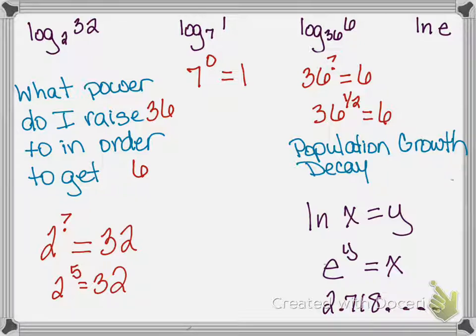The most common, and what you'll see the most, is compound interest, on our car payments, our credit cards, and if we're really lucky, whatever money we have in the bank. So compound interest is how that's figured. Anytime you see population growth, decay, or compound interest, we're using the value e.